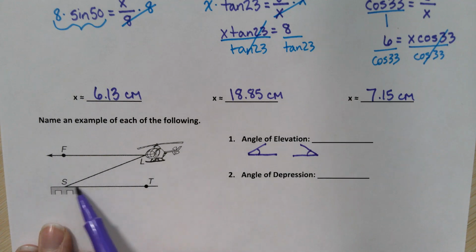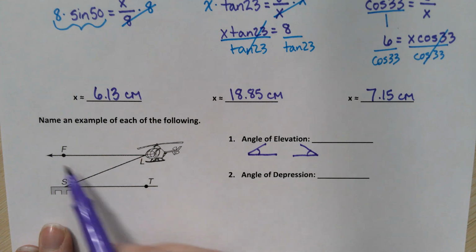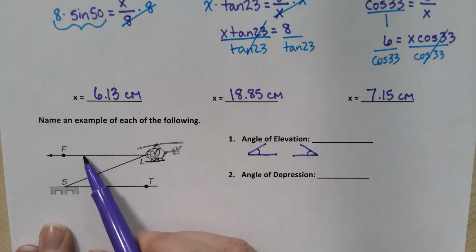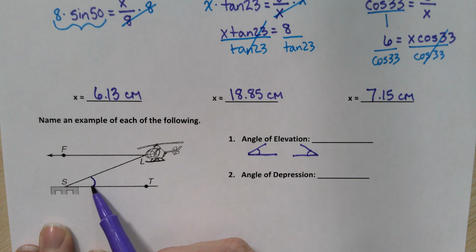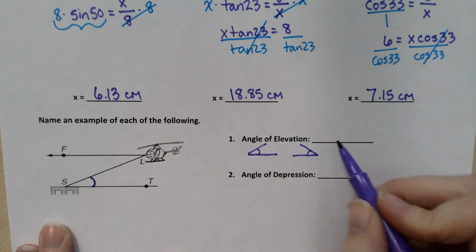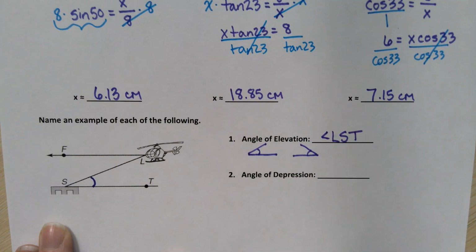We've got 2 options, but then an angle that's going up from that horizontal. If I look up here, there's nothing above that horizontal, but down here, right there, we've got angle S, or angle LST. That would be an angle of elevation in this picture.